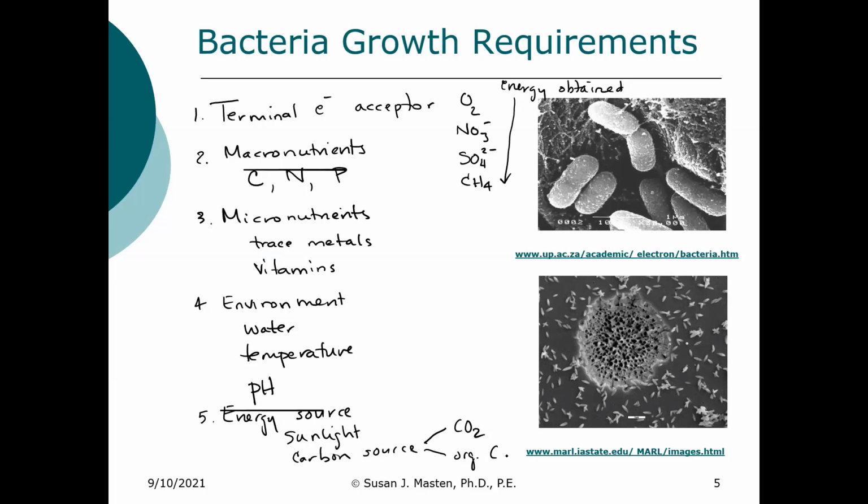And the two types of organisms most typically important to us as environmental engineers are the mesophiles, and these are optimal at about 20 to 40 degrees, and the thermophiles, which are optimal above 40 degrees C. There are also psychrophiles, and these typically are optimal from about 20 degrees C to 10 degrees C.